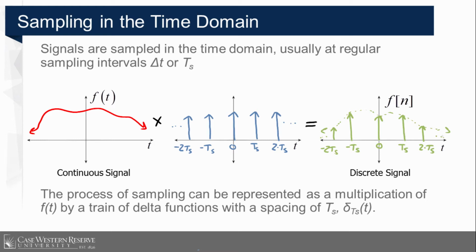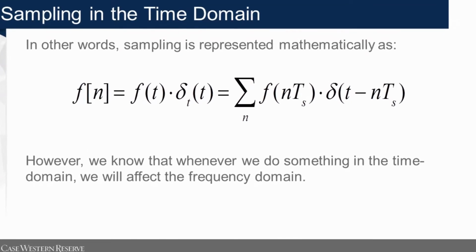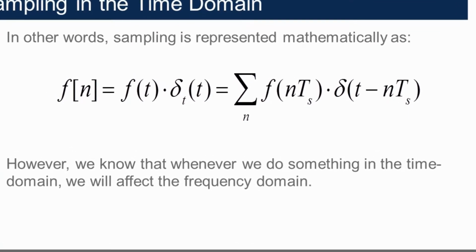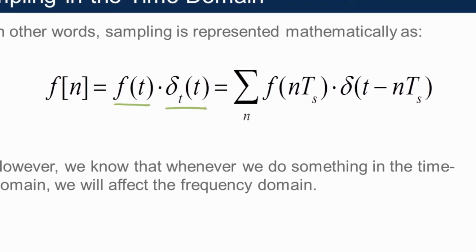All right, so again, we see how we can represent the process of sampling mathematically. We're just multiplying our continuous time signal by a train of delta functions. This is going to give us our discrete signal here, f of n. So in other words, we're representing our sampling mathematically, again, as the multiplication of our continuous time signal and this train of delta functions.